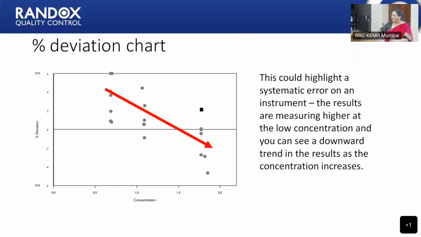So the curve at higher concentration is shifted on the upper side, whereas at the lower concentration it is shifted on the lower side. This helps the lab understand exactly at which level they need to take corrective action.